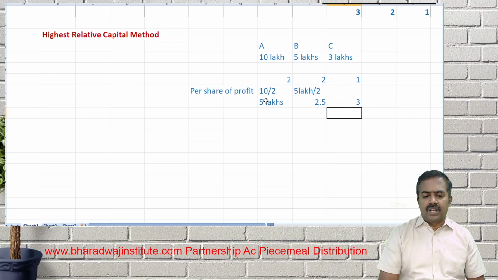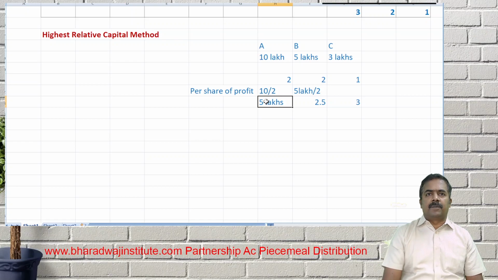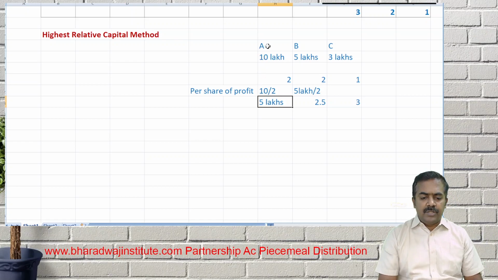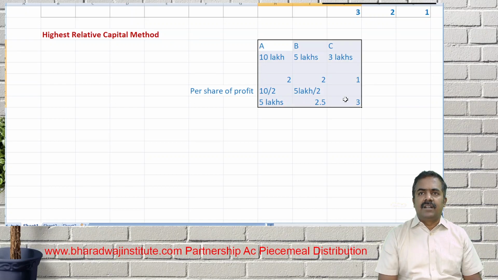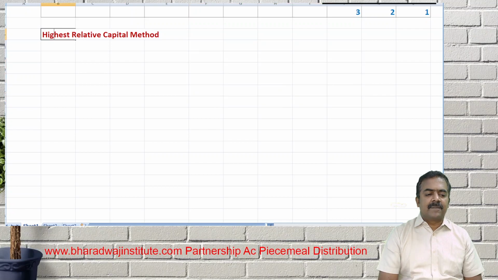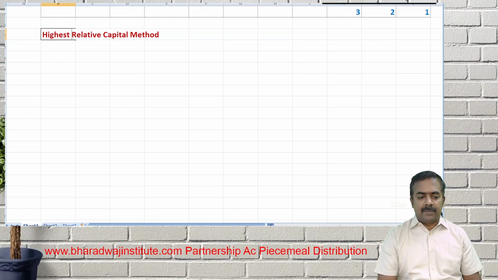The partner who contributed more per share of profit, A, has contributed more per share of profit. He should be returned first. So highest relative capital, as the name indicates, not highest capital, highest relative capital method.